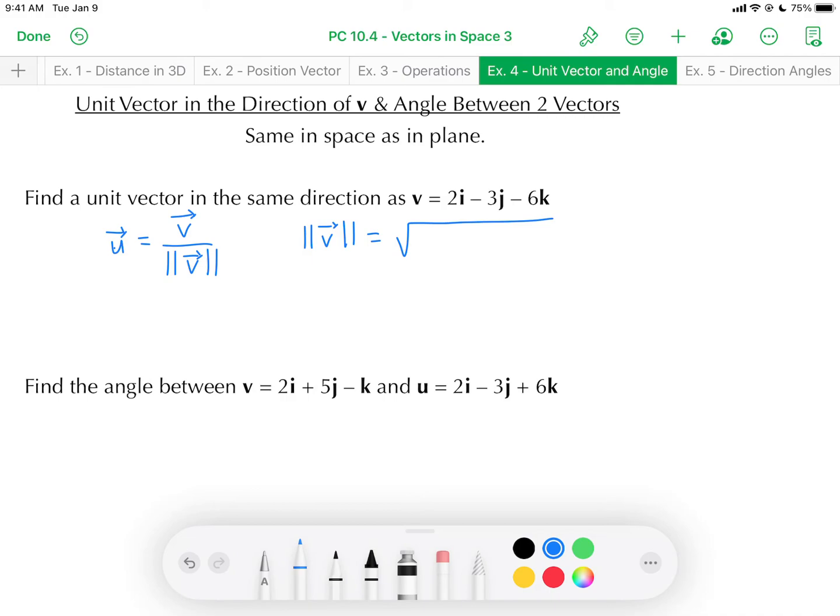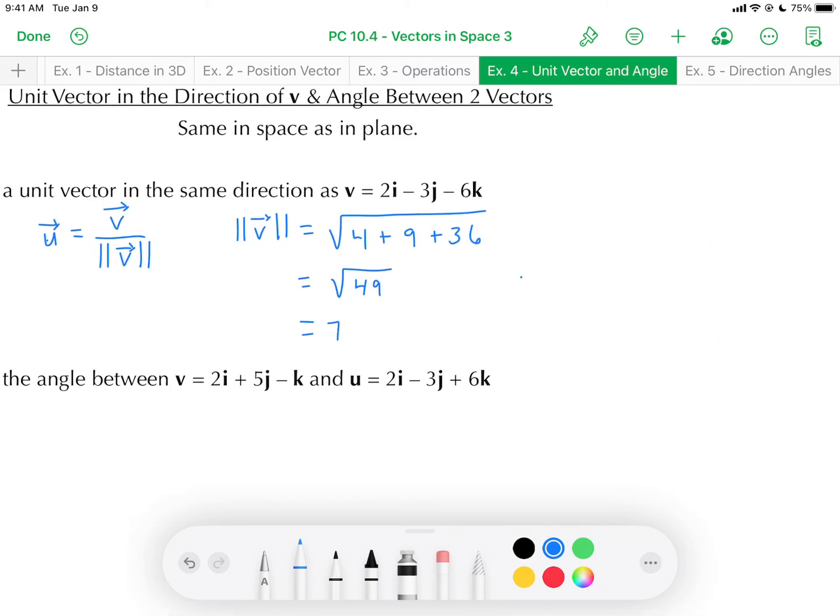So that would be the square root of 2 squared, or 4, plus negative 3 squared, or 9, plus negative 6 squared, or 36. This is going to work out quite nicely to the square root of 49, or 7. So that means our unit vector heading in the same direction as this vector v would be 2/7 i minus 3/7 j minus 6/7 k.